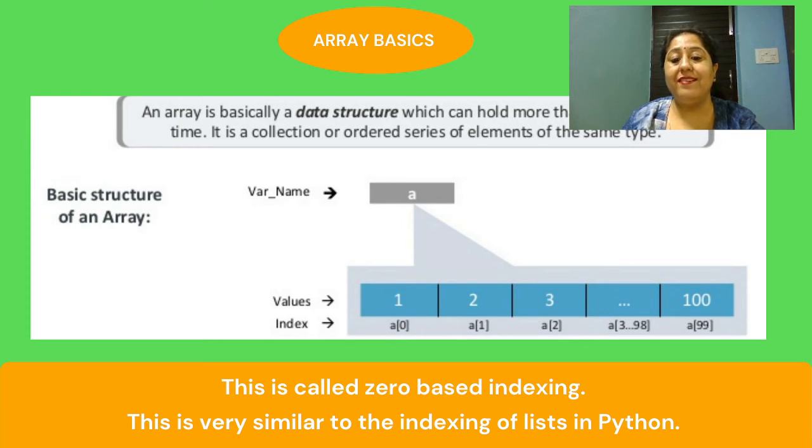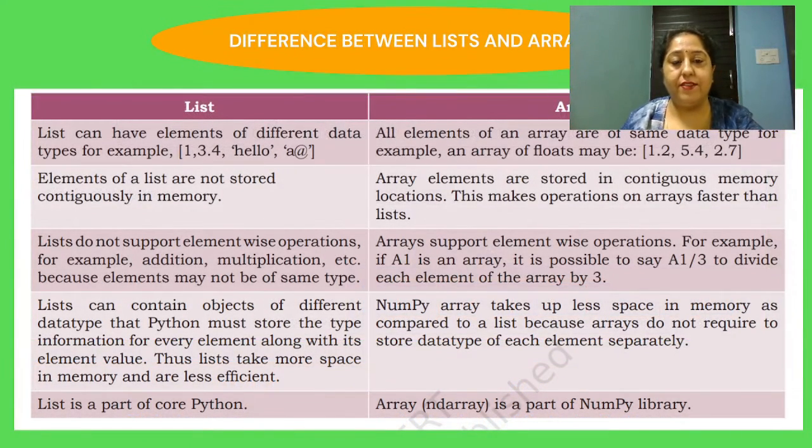This zero base indexing is the same type of indexing which is being used in the case of lists in Python. You probably will be thinking that arrays in Python are almost the same as lists, but there is some difference between them. Let us concentrate on those differences now.